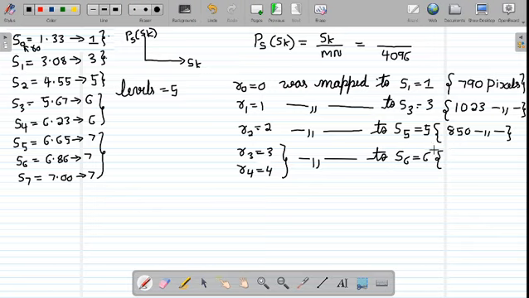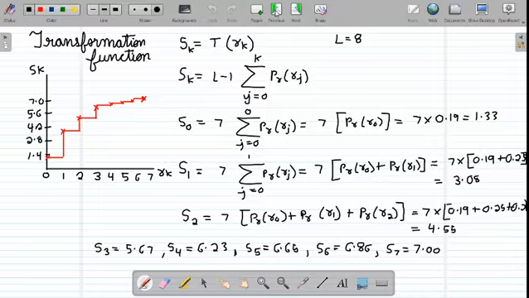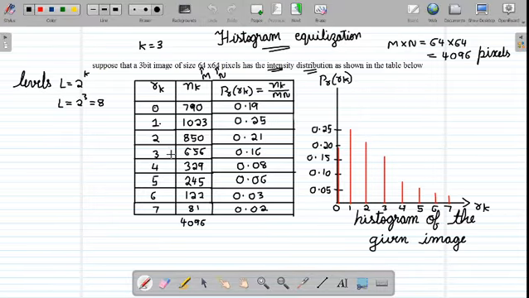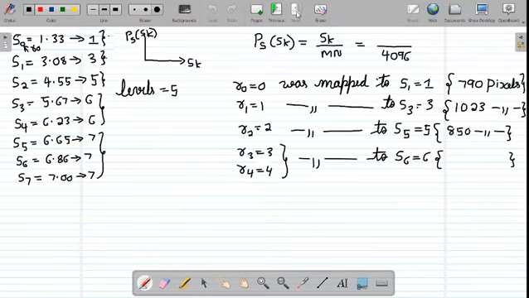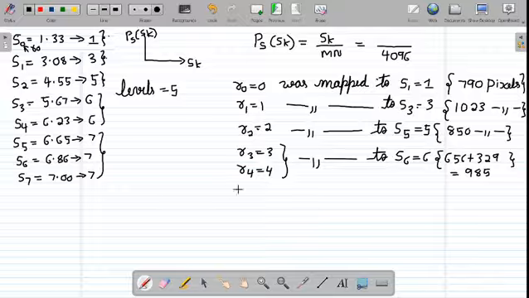Now the total number of pixels here would be the sum of pixels at 3 and 4, that is 626 plus 329. So that would be 985 pixels.